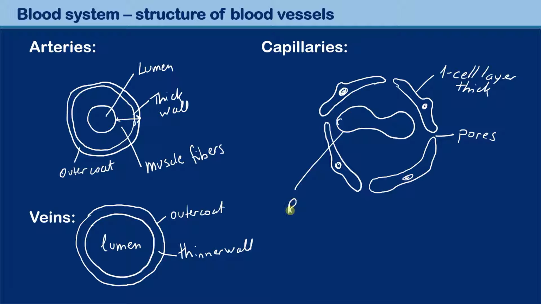And that's a red blood cell over here. And that's basically important because substances like oxygen and nutrients have to be able to diffuse. Carbon dioxide has to be able to diffuse in. And if you have a very thin wall, then this diffusion is able to take place much more easily.